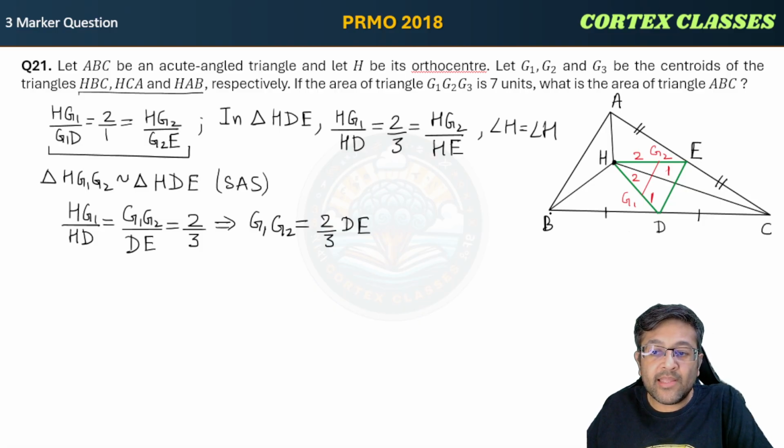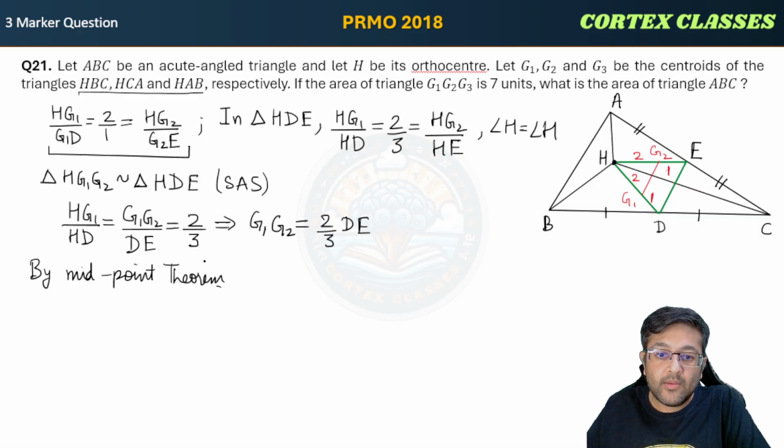Now guys, in the bigger triangle ABC, since D and E are the midpoints of the sides, we know that by the midpoint theorem in triangle ABC, what do we get? Since D and E are the midpoints, can I say that DE is half of AB?